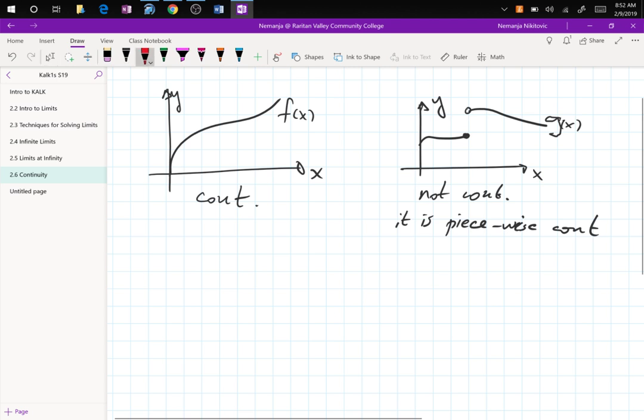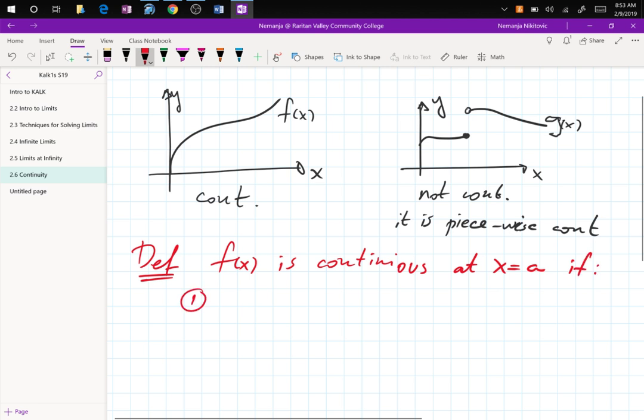So the first definition would be: f of x is continuous at x equals a if, and then we have three rules that we have to check every time.